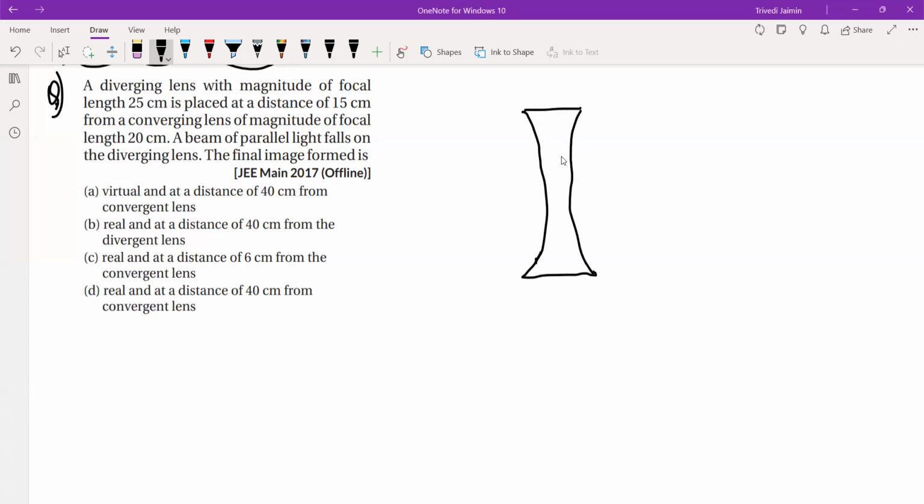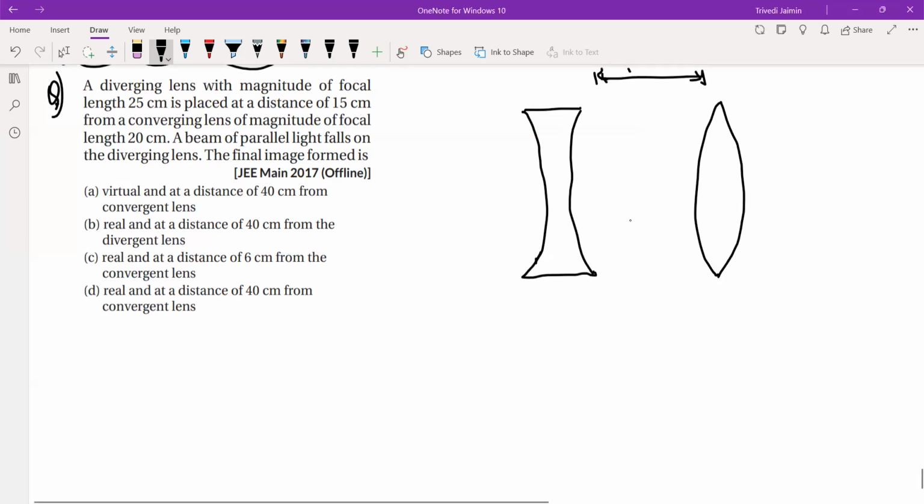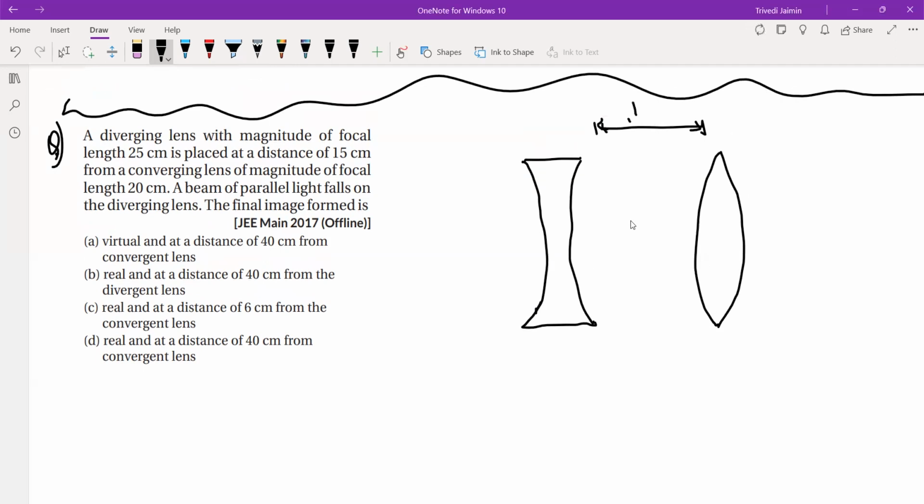Then there is a converging lens of focal length, whatever. So what is the distance between them? 15 centimeter.